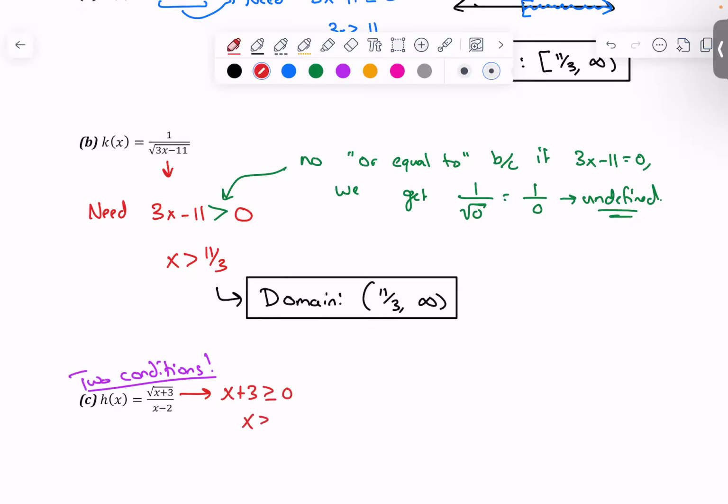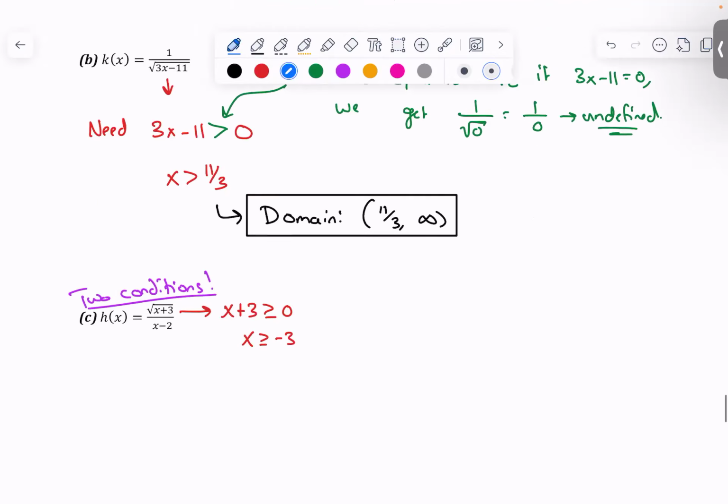So x needs to be greater than or equal to -3. Otherwise, we'd be taking the square roots of negative numbers. If we try to plug in -4, you get the square root of -1, which is not a real number. Then from the denominator, which I'll do in blue, we know that x minus 2 cannot equal 0, meaning that x cannot equal 2.